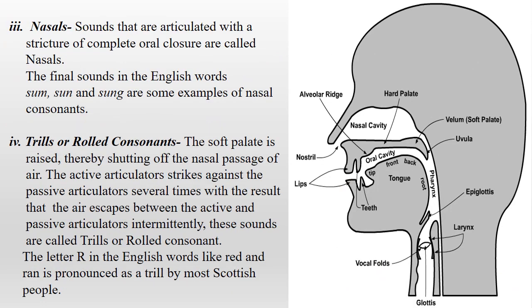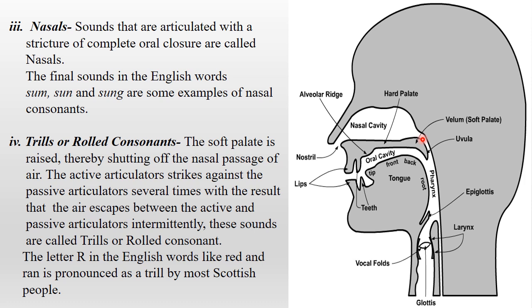Next are nasal sounds, which we have already discussed in one of our previous slides. Sounds that are articulated with a stricture of complete oral closure are called nasals. The final sounds in the English words sum, sun and sung are some examples of nasal consonants. Here, in this image, you see that the oral cavity is completely shut.